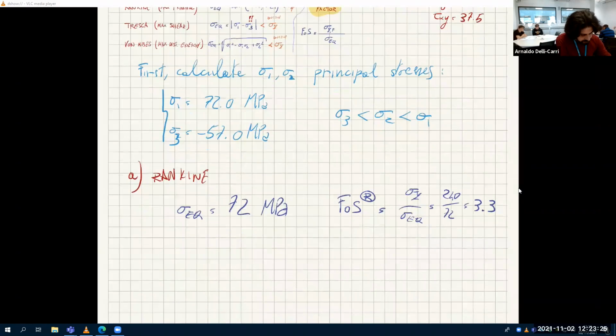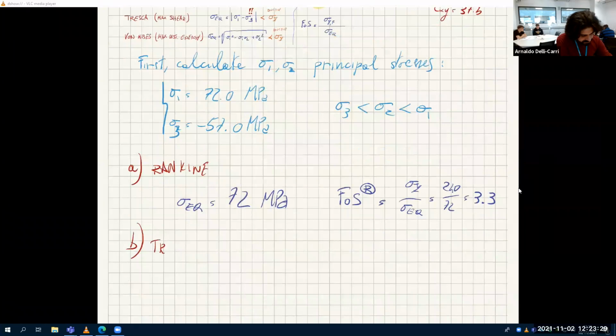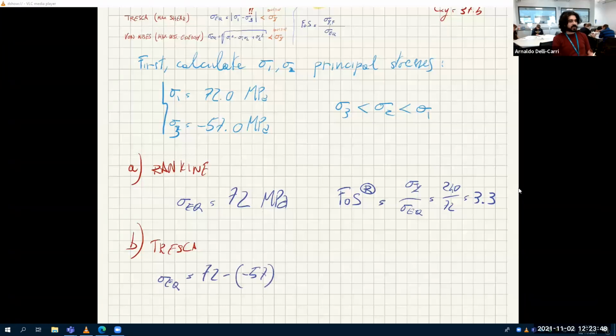So let's have B, Tresca. And that's why it's very important that we identify sigma 1 and sigma 3, because Tresca is always the largest one minus the smallest one. So the sigma equivalent for Tresca is 72 minus 57, largest one minus the smallest one. Agreed? So how much is this?